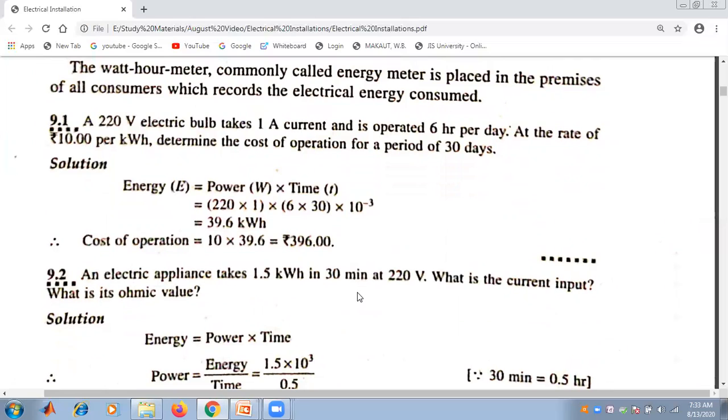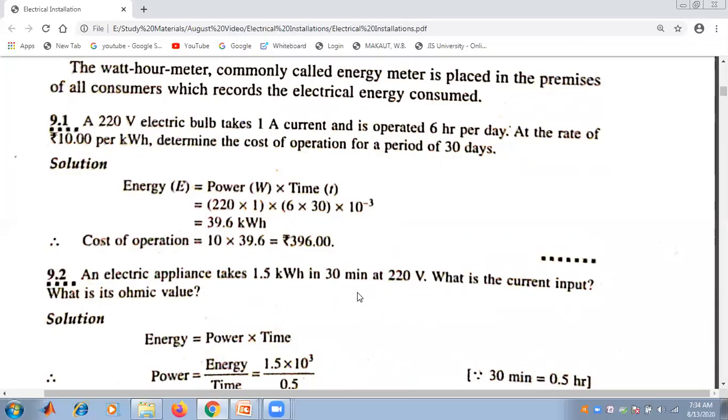So let us take some examples in order to understand what we have discussed till now. We have to go through some numerical examples.